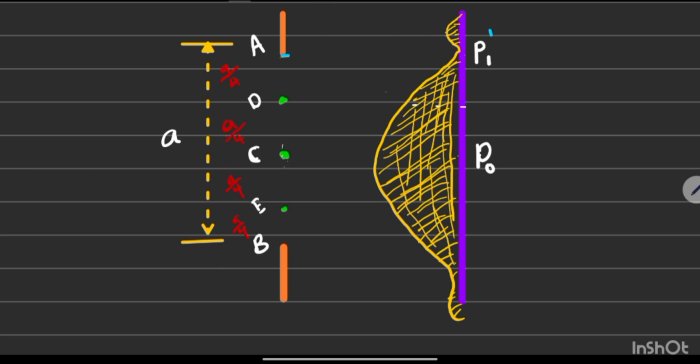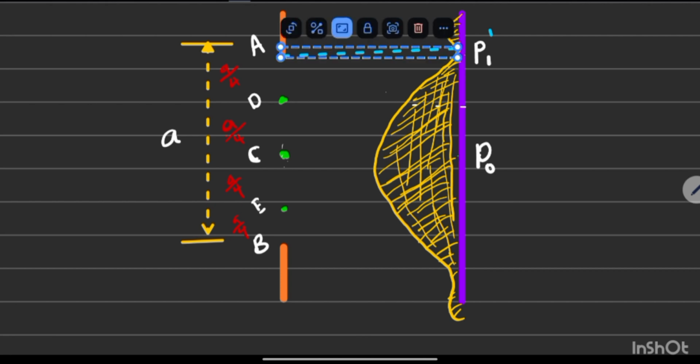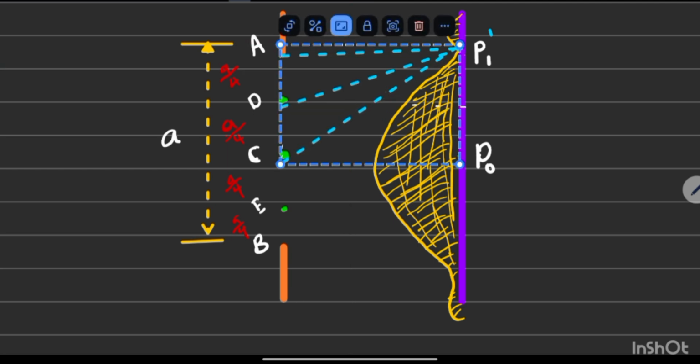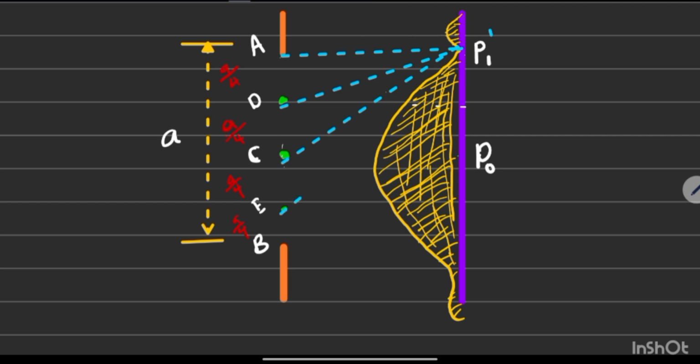Okay, from region 1 to P1, ray 1, a ray 2 from second region to P1, and ray 3 from third region to P1, and ray 4 from the fourth region to P1. So this is my R1, R2, R3, R4.